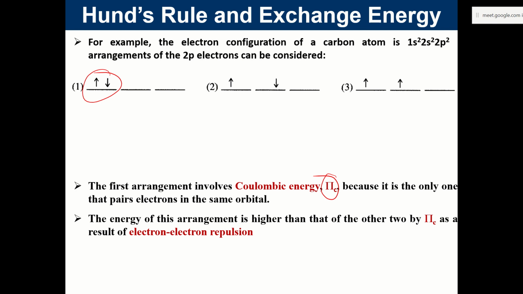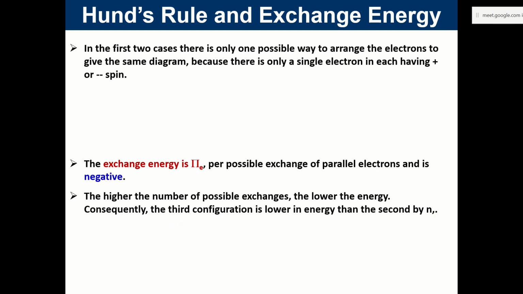There is greater repulsion. So electron repulsion is accounted for. We use this symbol pi c to represent this repulsion between two electrons when they are placed in the same orbital. Okay, so energy of this system is higher than the other two by a factor which is represented by pi c. We are trying to have some mathematical thing here.